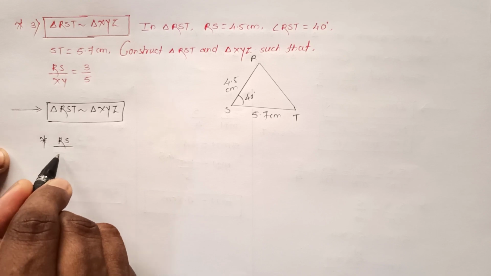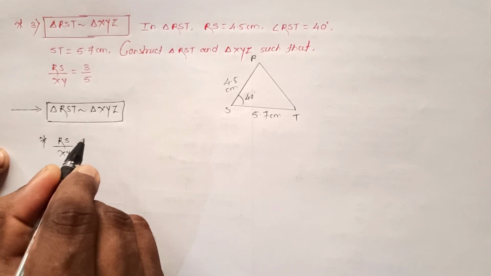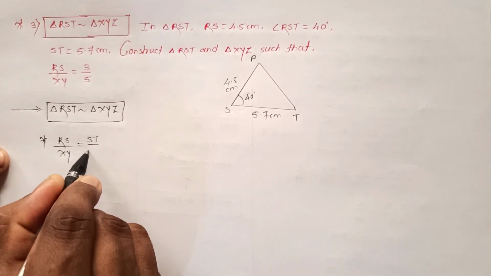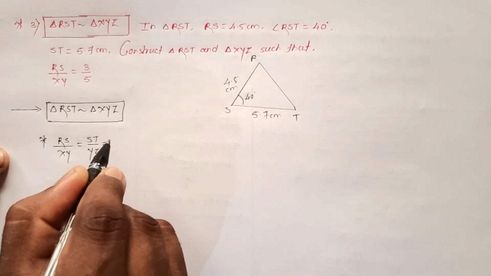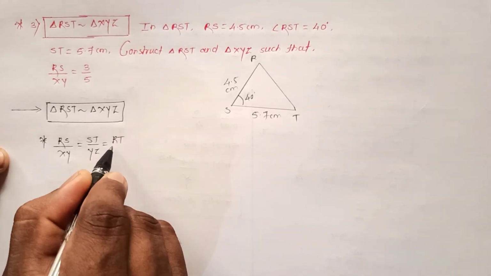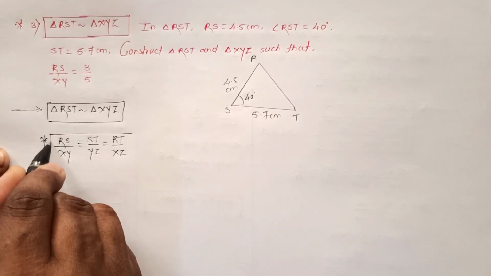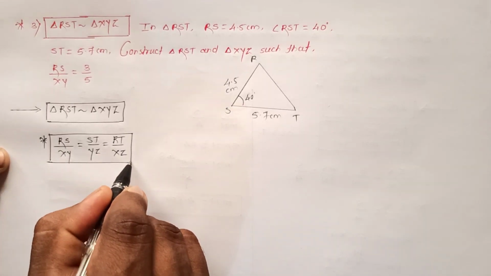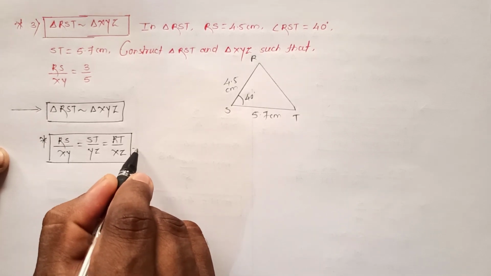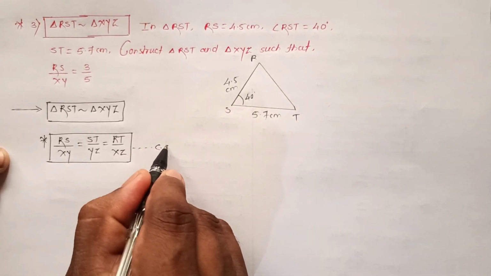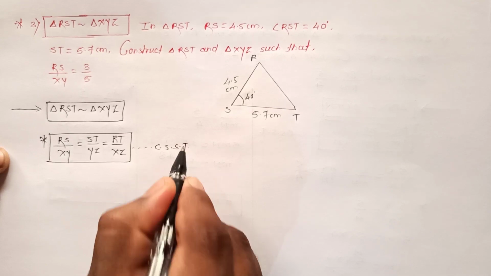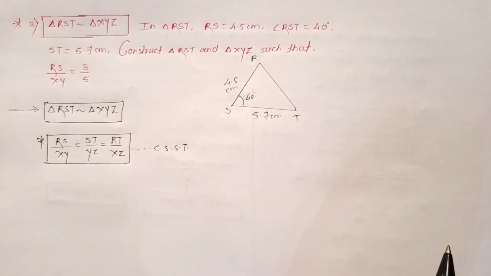So RS upon XY is equal to ST upon YZ is equal to RT upon XZ. These are the corresponding sides of similar triangles, and just write down the reason here: CSST, corresponding sides of similar triangles.